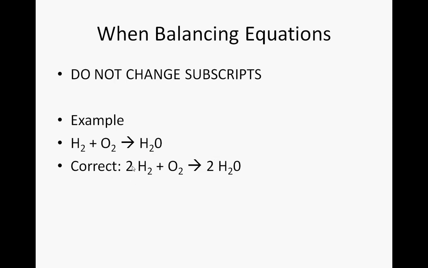So now I have 2 molecules, each with 2 hydrogens, so there's 4 total hydrogens. I have 1 molecule with 2 oxygens, so I have 2 total oxygens. And now I have 2 molecules of water, each with 2 hydrogens and 1 oxygen, so 2 times 2 gives me 4 hydrogens, and 2 times 1 gives me 2 oxygens, that's balanced.